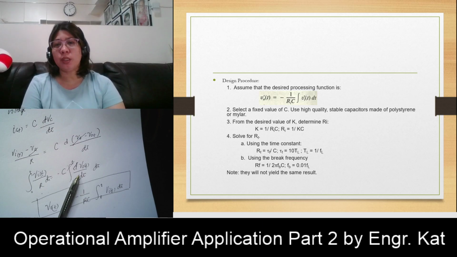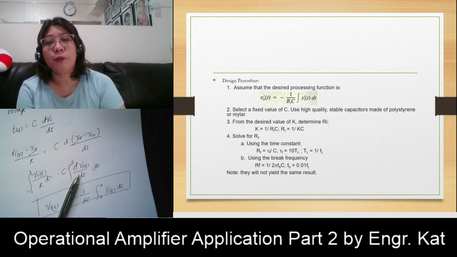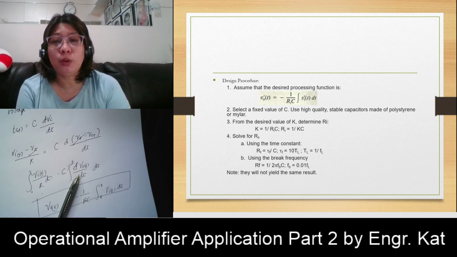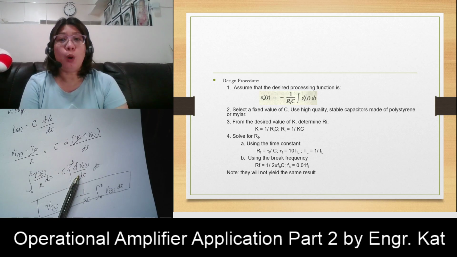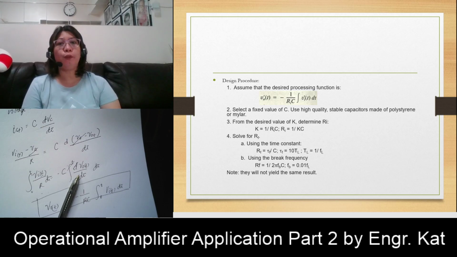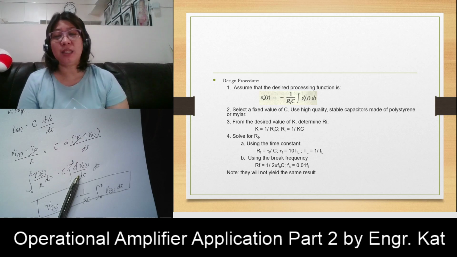Okay, so you can use the time constant or you can also use the formula for the break frequency. The formula for break frequency is equivalent to 1 all over 2 pi Rf multiplied by C, wherein your FB or break frequency is equal to 0.01 of your lowest frequency. Since we have two formulas here, do not expect that they will yield the same result.